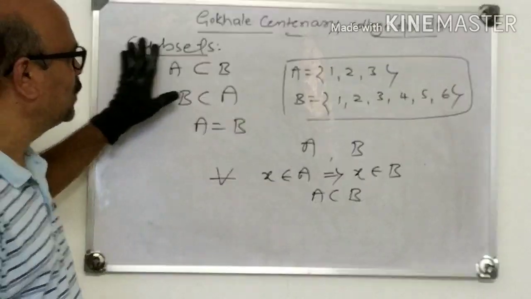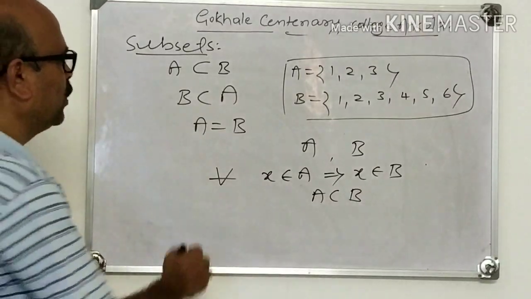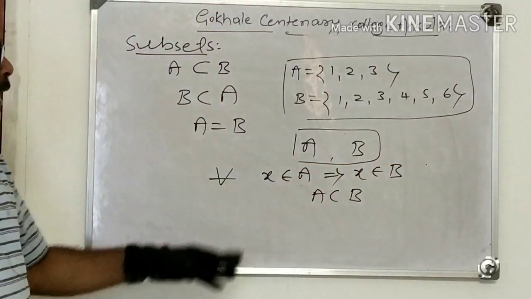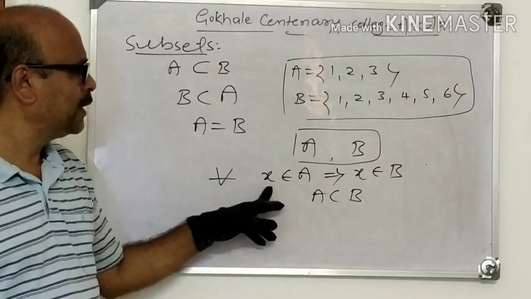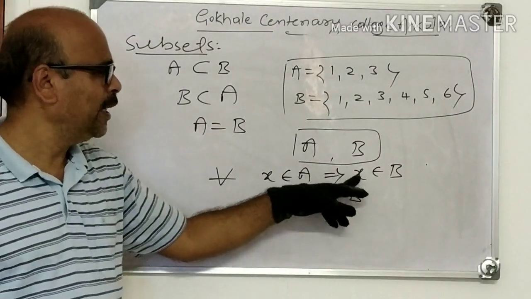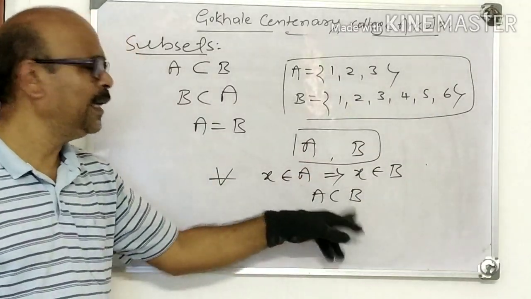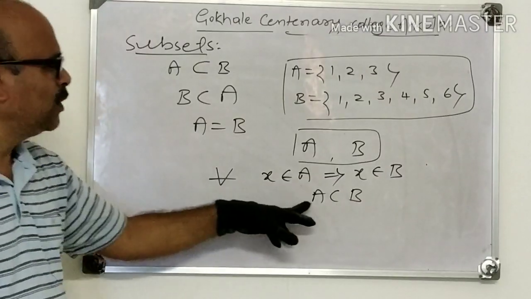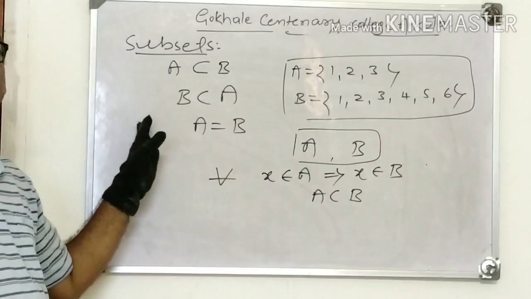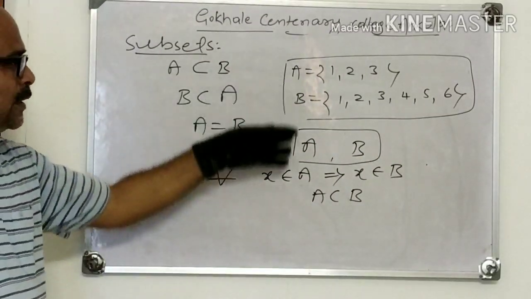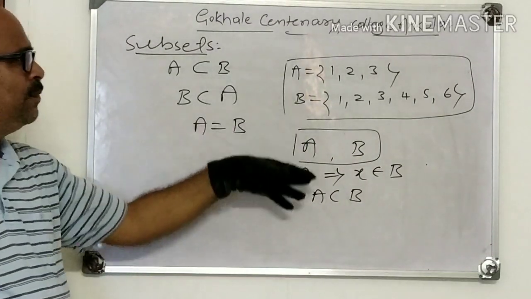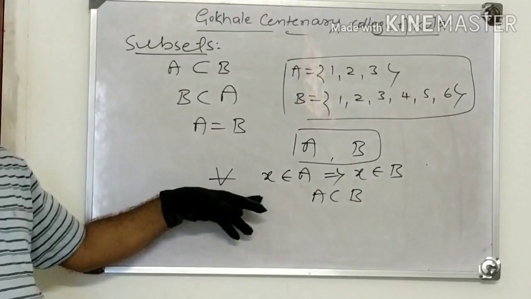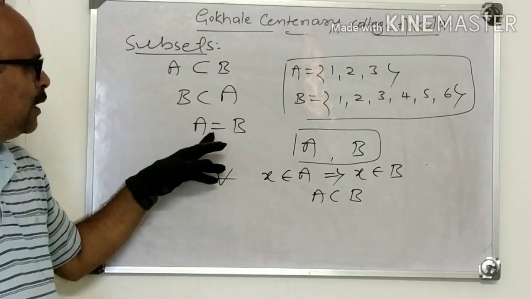This is about subsets. How do you prove that A is a subset of B? We take any arbitrary element x belongs to A, and we prove that x belongs to B also, then A is contained in B. How do you prove that A is equal to B? We prove that A is contained in B and B is contained in A, then A is equal to B. These are very important because while studying some further concepts in set theory, you need to prove that two sets are equal.